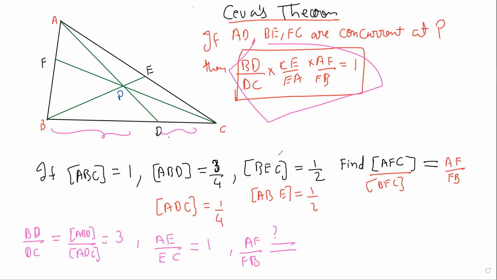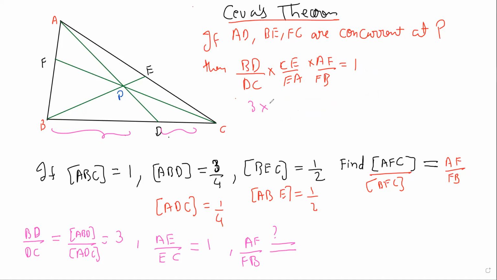Yeah, just put them in the machine, right? And you get the answer. So BD by DC is 3, and this is 1, and so AF by FB should be 1/3 to balance things and make it concurrent. Yeah, that's all. So it is 1/3.